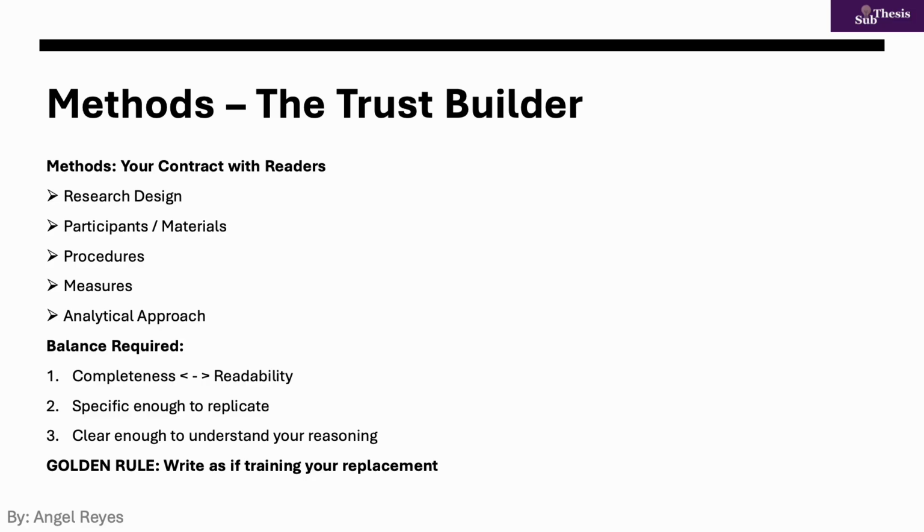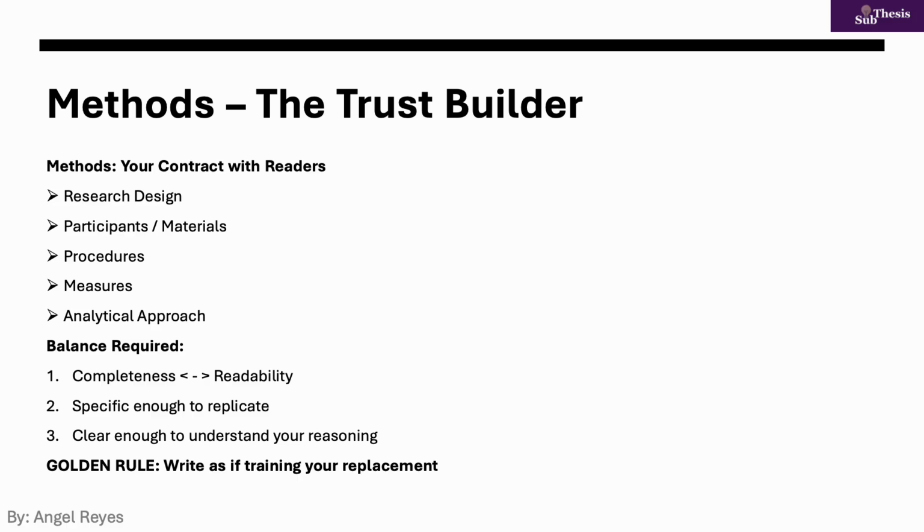The method section is where you build trust. It's your contract with readers, promising transparency and reproducibility. But here's the challenge: balancing completeness with readability. Include your research design, participants or materials, procedures, measures, and analytical approach. But don't just list. Explain your choices. Why this design? Why these participants? Why this analysis?